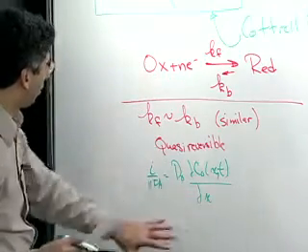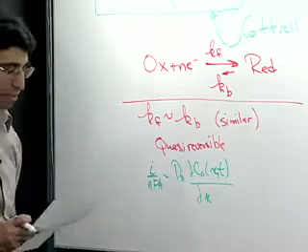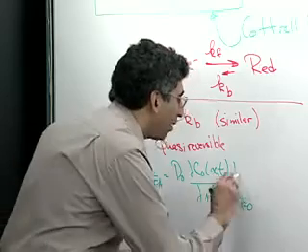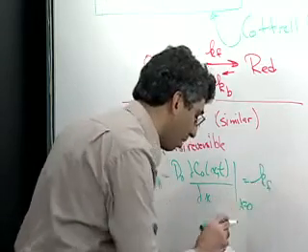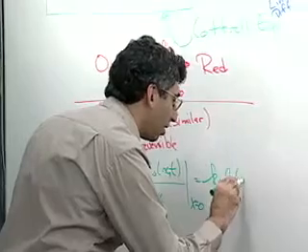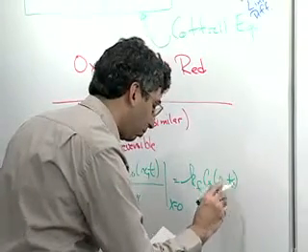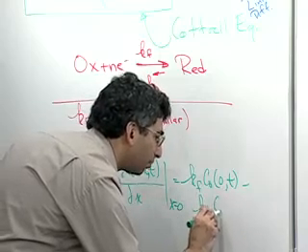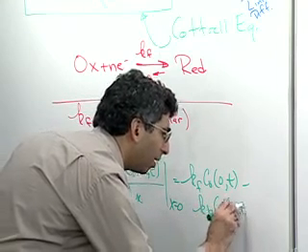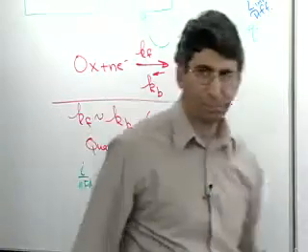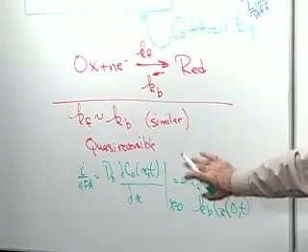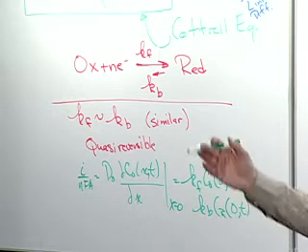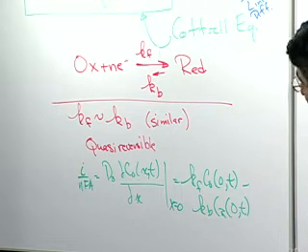So I have a current density that still changes as a function of the diffusion gradient, evaluated at 0, but that now is going to be equal to the forward rate constant times the concentration of oxidized species at the electrode surface, minus the back rate constant times the concentration of reduced species evaluated at the electrode surface. So just standard first order kinetics. I am assuming it's first order here. That's happening, which if it's something just simply hitting the electrode, it ought to be.